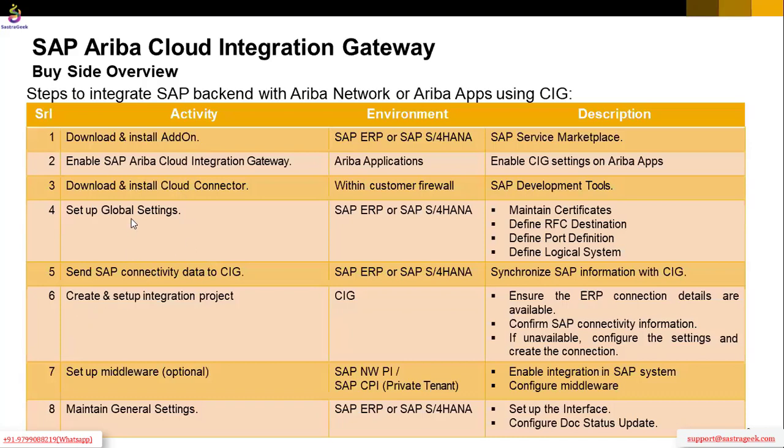After that, we have to perform a set of configurations. We have to configure the RFC, configure the logical system, configure the code, and provide the service number as well. All this activity we have to do in the fourth step. And in the fifth step, we have to send the SAP connectivity data to CIG.